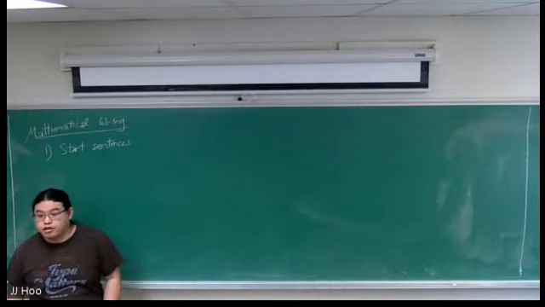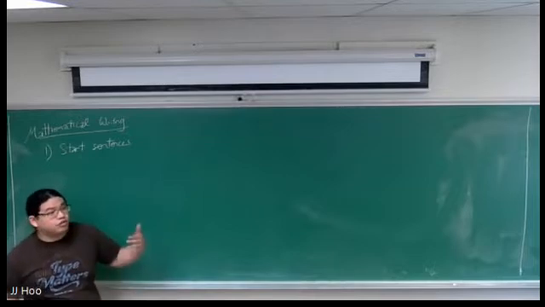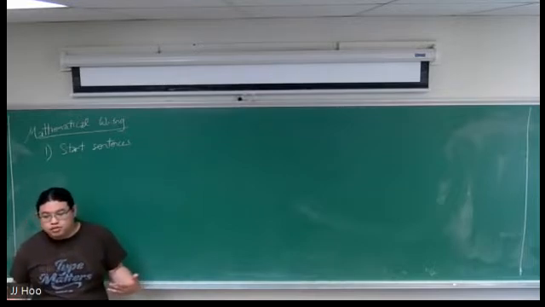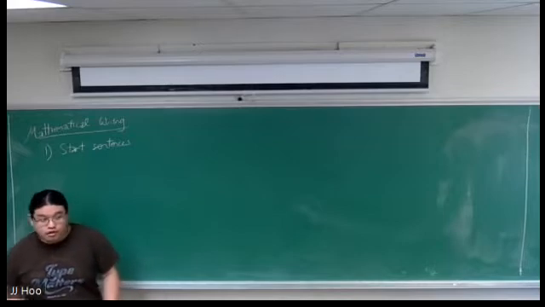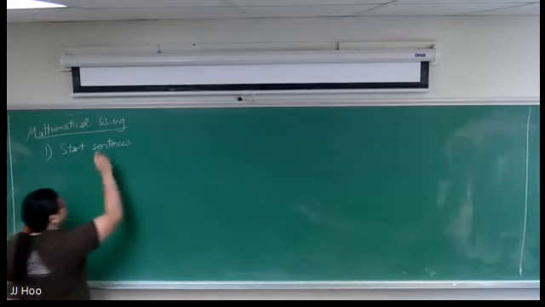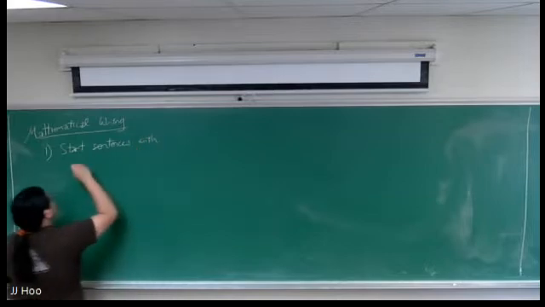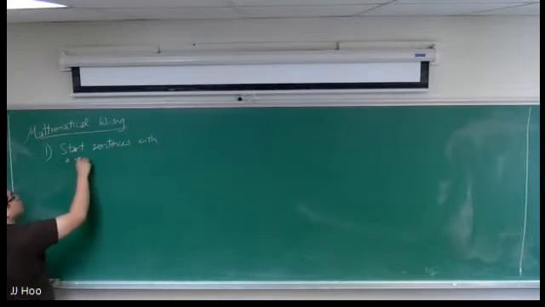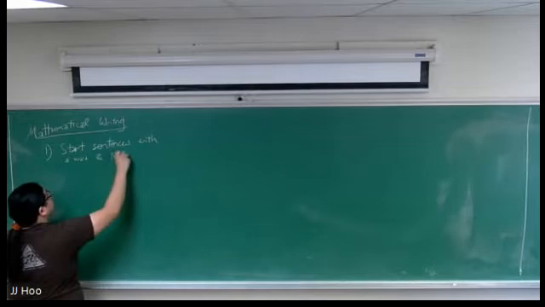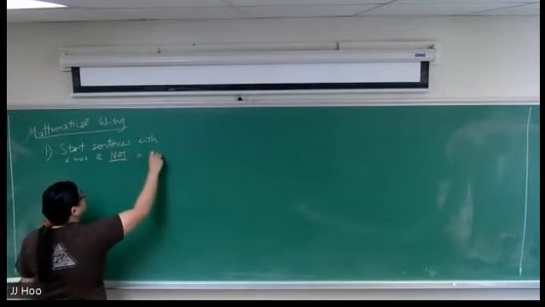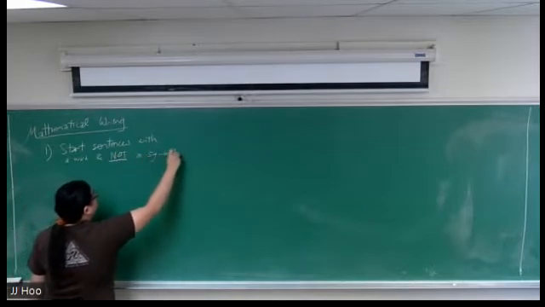Write in full sentences, because this should read as if it was an English paper, where you just explain something, right? But first of all, we want to start sentences with a word and not a symbol, or any sort of mathematical symbol.